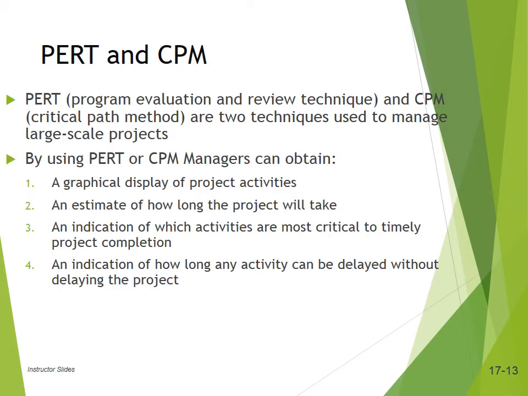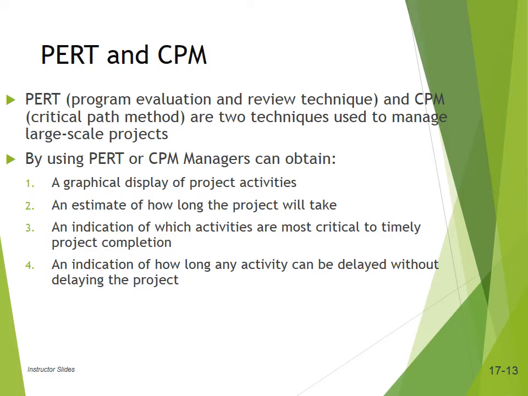PERT and CPM is a little advanced tool compared to the Gantt chart to represent a project. So it is a graphical display of the project activities. It estimates how long a project will take to be completed. It identifies activities which are critical. We call it critical because if those activities are delayed, the whole project would be delayed.